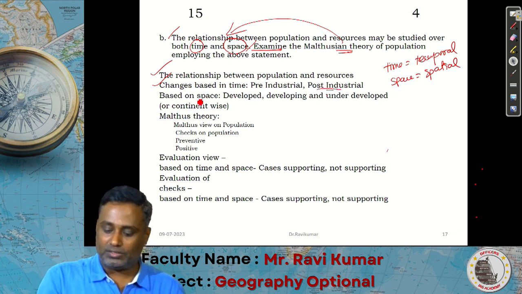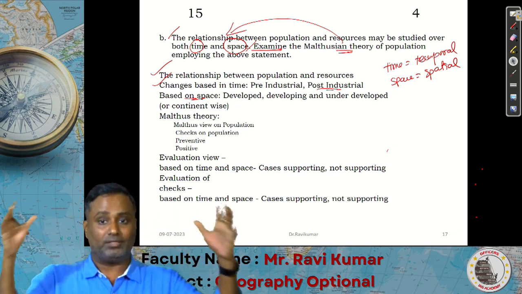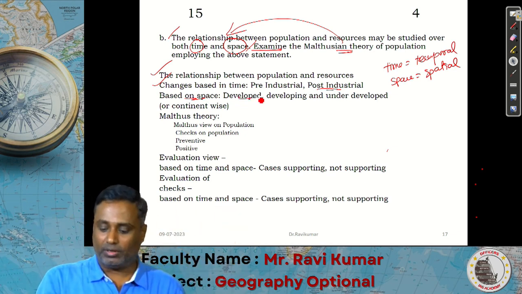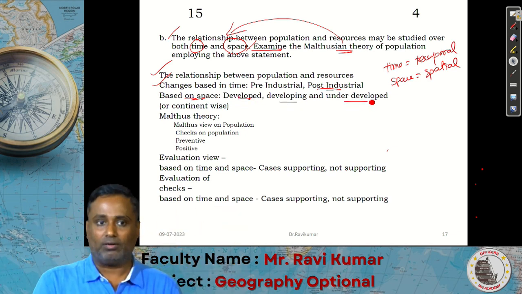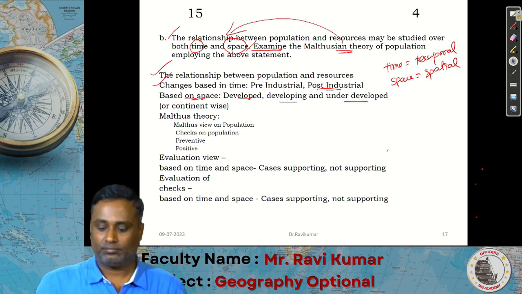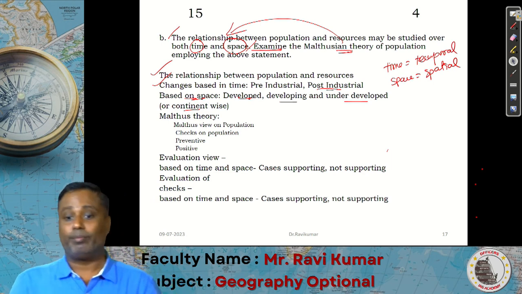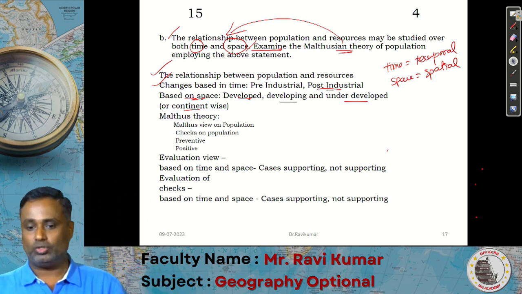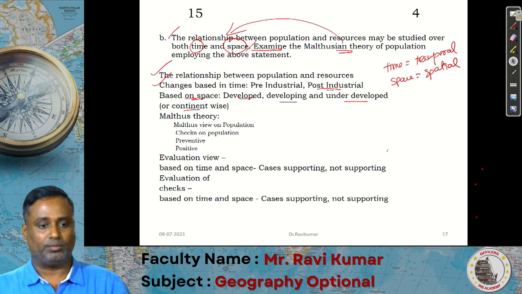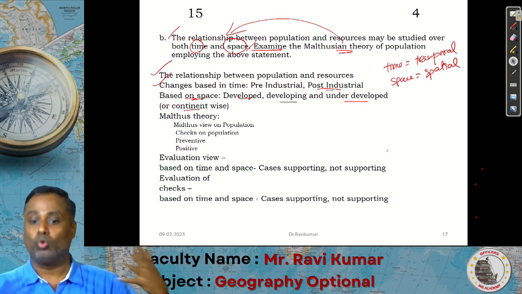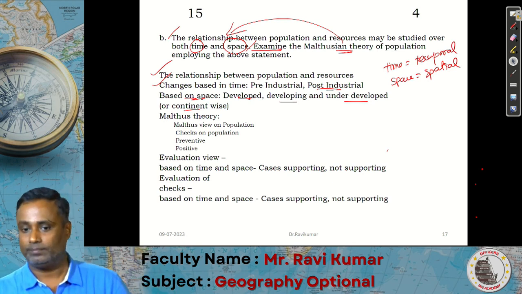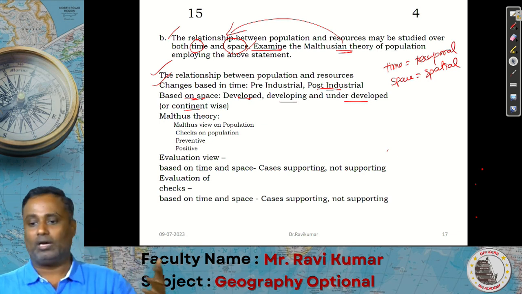Now based on space, we can divide the world into developed countries, developing countries, underdeveloped countries. Or it may be continental ways. So how much information do you know? You can go with Asia, Africa, North America, South America, based on the facts you know, to substantiate your content. Or we can write developed, developing, underdeveloped countries.